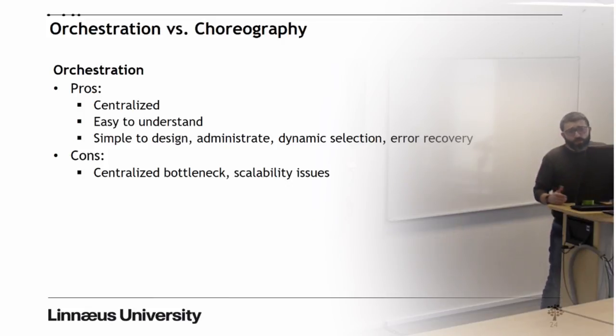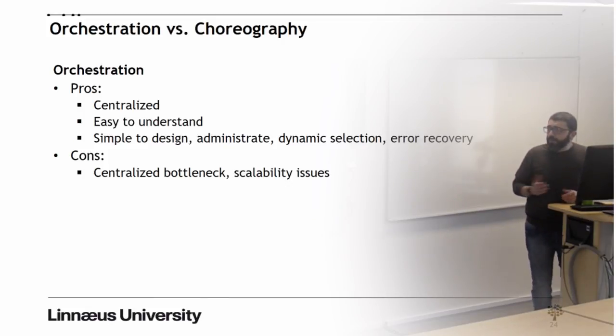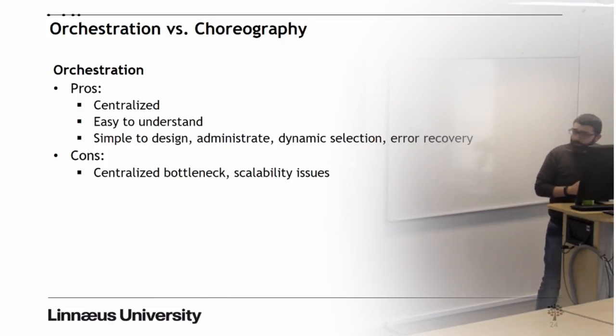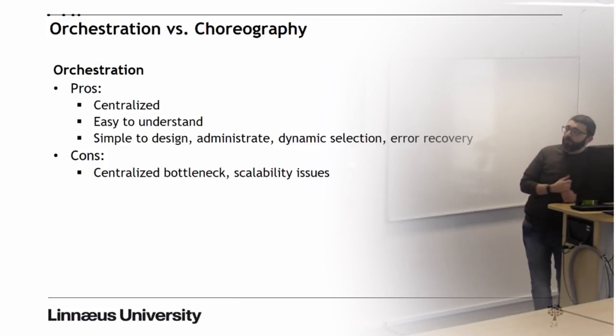As always, there are some pros and cons for each paradigm. Some pros for orchestration: it's centralized, so it runs on only one machine and takes control of everything. This means it's much easier to understand compared to choreography, which is instead very complex.